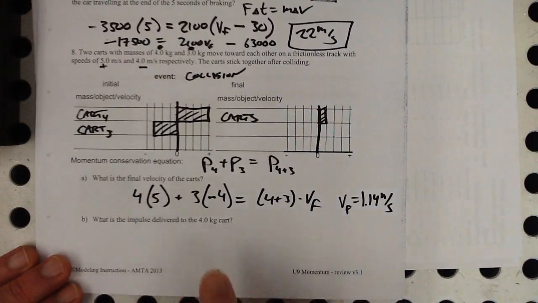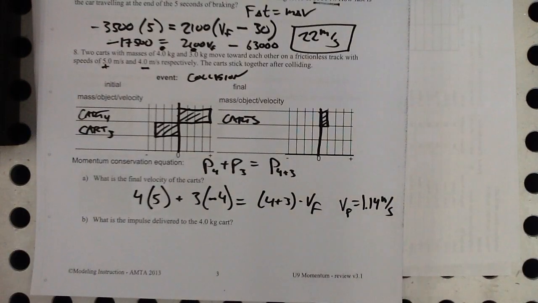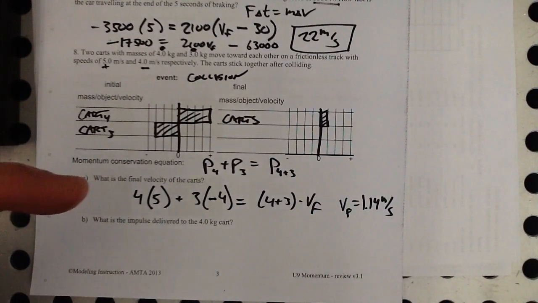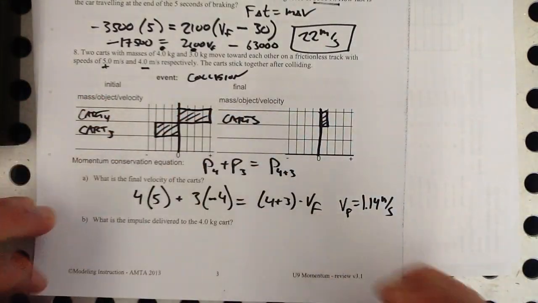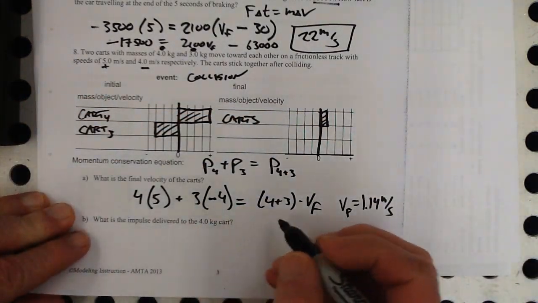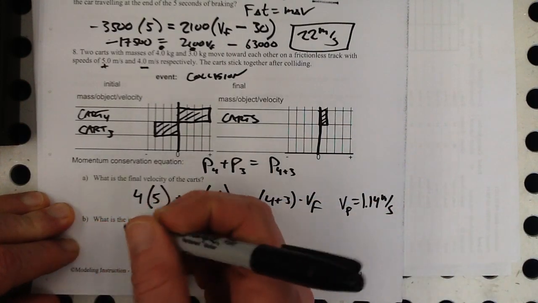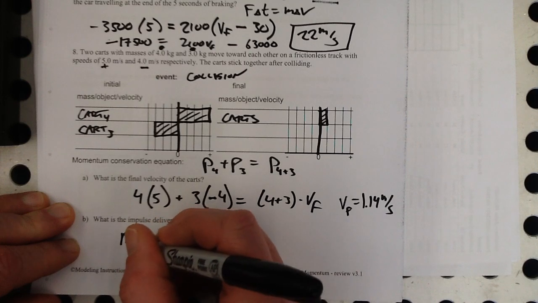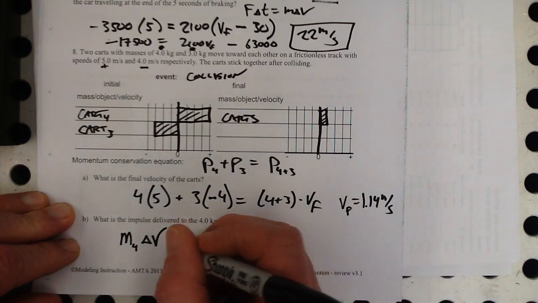What's the impulse delivered to the 4 kilogram cart? Well, let's see, the 4 kilogram cart's going this way in the positive direction, so the impulse on it is going to be negative. But we can just do the impulse delivered to the 4 kilogram cart is the mass of the 4 kilogram cart times its change in velocity.